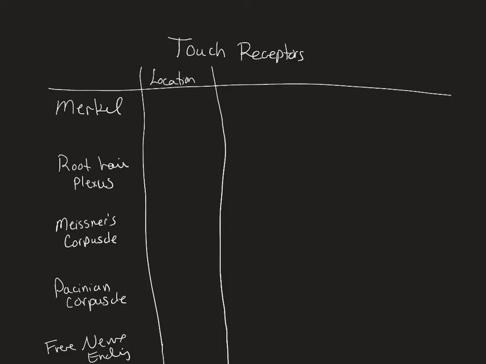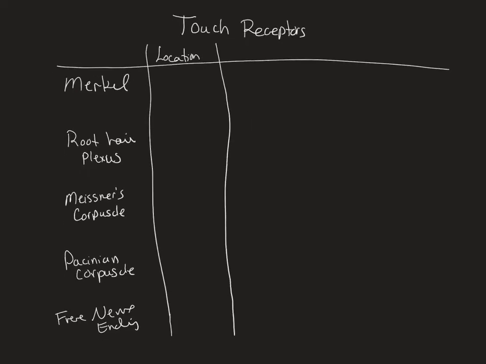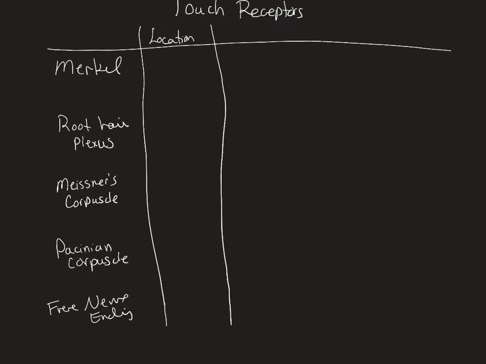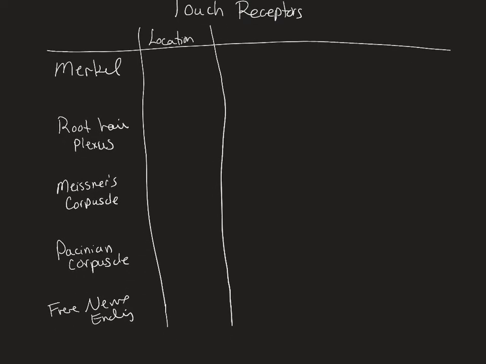All right, so let's focus in on our touch receptors first. I'm going to organize some information, and I'm going to show you one way of doing it. You can do it in other ways. But we're really trying to minimize how much memorization you have to do. So I'm making up a little table. And what I need to know are the 5 basic types of touch receptor and how they are functionally different, okay?